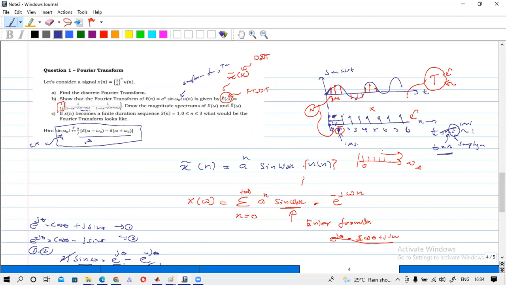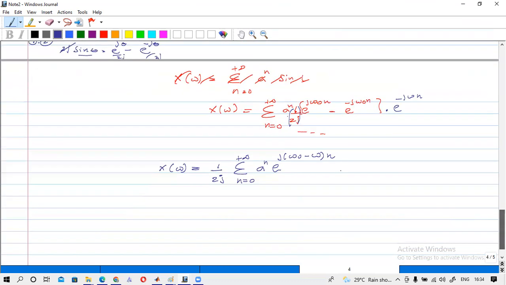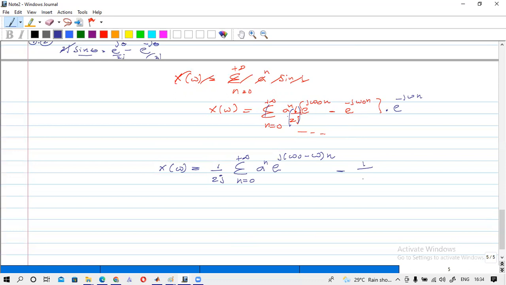So omega minus omega naught is there. Here again I am dividing these two, so again I have minus. For these terms all are common, so there should be 1 by 2j, sigma n equals 0 to infinity.